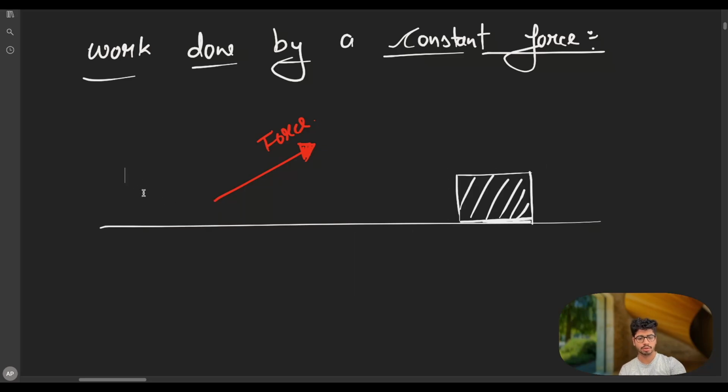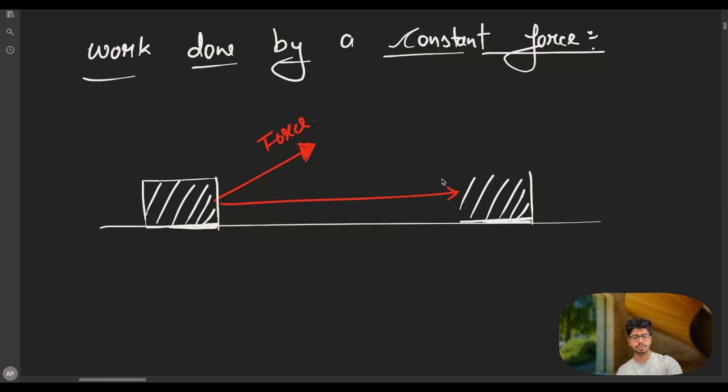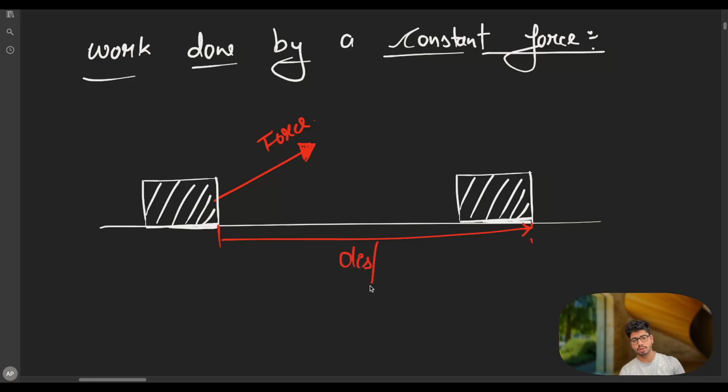Let me copy it and paste it here. It gets displaced from this point to this point. This is the actual displacement, how much displacement it made. So how can we define work?